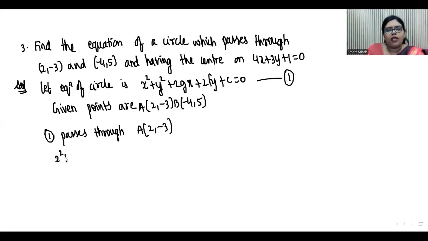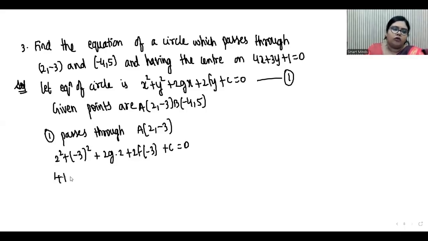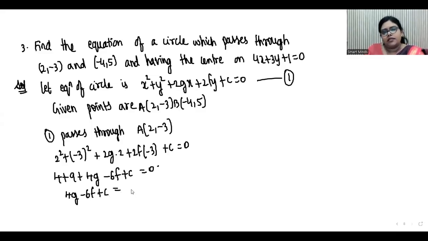So 2² + (-3)² + 2g(2) + 2f(-3) + c = 0. 4 + 9 + 4g - 6f + c = 0. So you get 4g - 6f + c = -13. This is equation number 2.